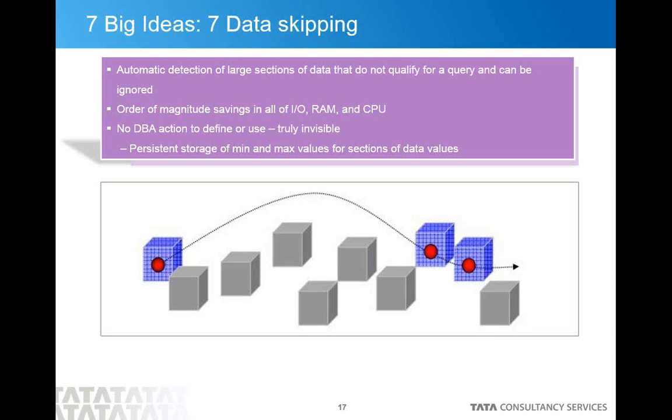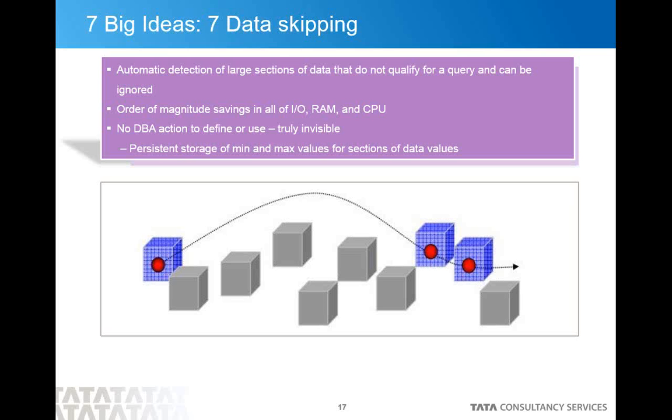and it implements this data skipping with the use of a synopsis table that is automatically created for all the column organized tables. In this table, it stores the min-max value of each of the data values of type numeric, or we can say date time.